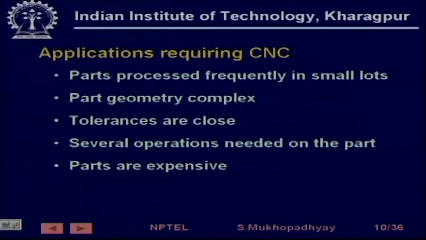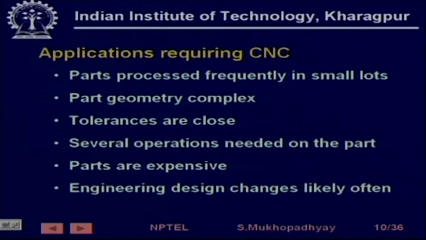And when parts are expensive, you don't like to take a chance that due to faulty manufacturing some part will get wasted. So you take help of a machine which, once it is set up properly, will go on working and producing the parts without any mistake or failure.